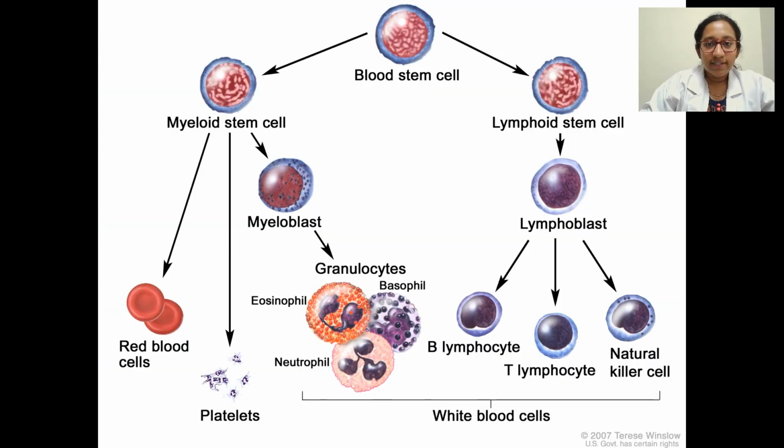So this is the diagram showing blood stem cells, which can again get divided into either myeloid stem cells or lymphoid stem cells. Myeloid stem cells will give rise to our RBCs, platelets, and myeloblasts, which further divide into granulocytes. That is nothing but eosinophils, neutrophils, and basophils come from this myeloblasts. Whereas lymphoid stem cells, they convert into lymphoblasts, which give rise to B lymphocytes, T lymphocytes, and natural killer cells.